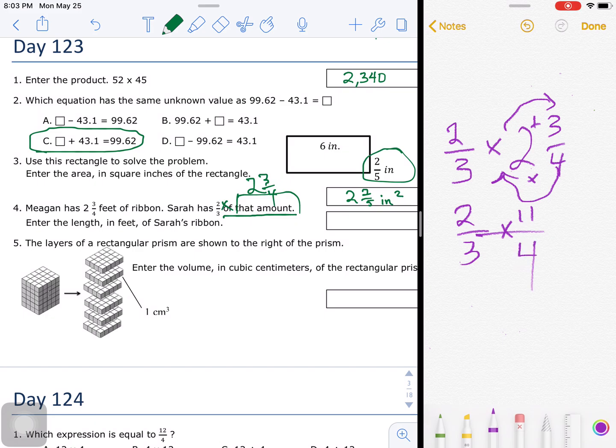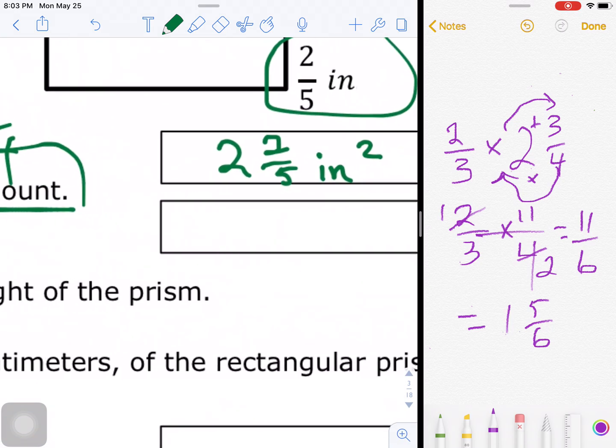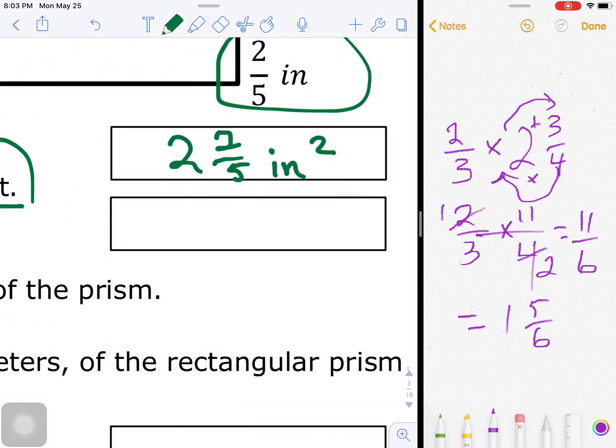And yes, we can cross-cancel the 2 and the 4. And we end up with 11/6, which is equal to 1 5/6 feet of ribbon.